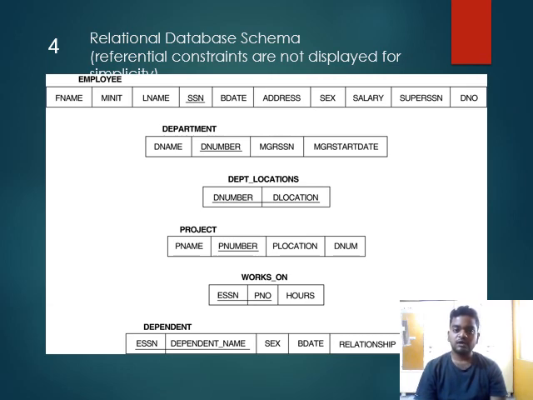Department location contains dnumber, dlocation. Project contains pname, pnumber, plocation and dnum. Works on contains essn, pno, hours, and dependent contains essn, dependent name, sex, birth date and relationship.